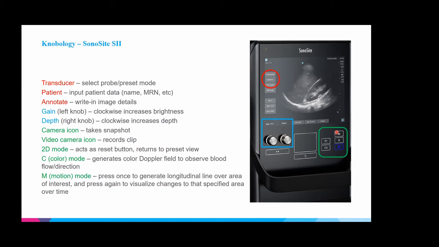Ideally we use M mode when we're trying to look at an area of interest over time, and it'll help us look for any changes to that area. So classically we'll use M mode if we're looking at valvular movement for E-point septal separation, which is a way of looking at LV function. We can look at it for IVC collapsibility.